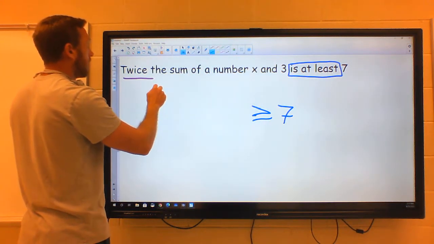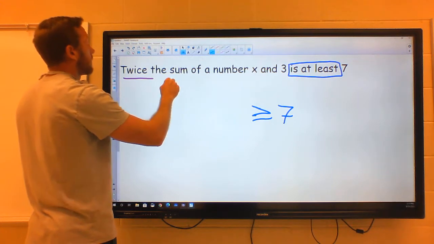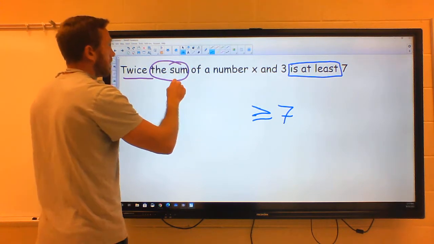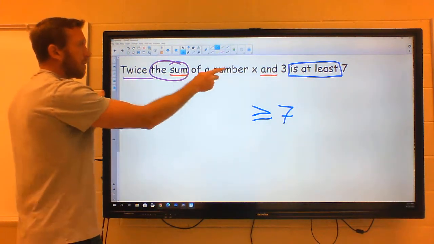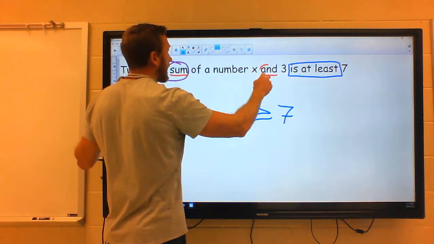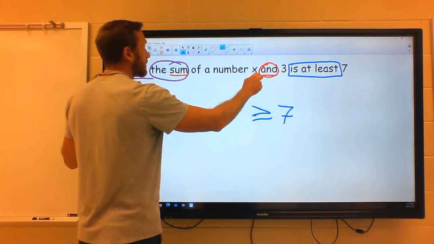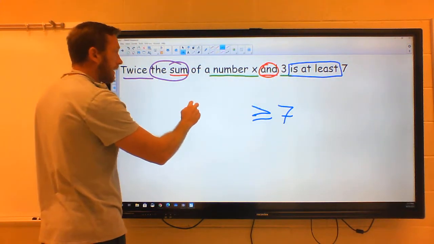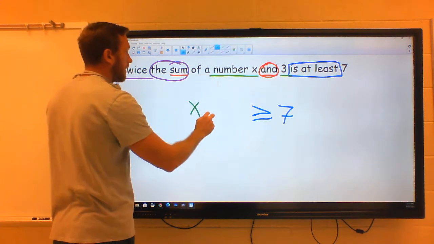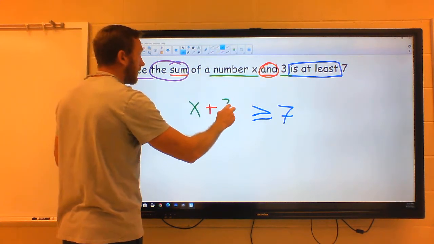Twice. Okay, twice what? Twice the sum. So we are adding two ideas. When it says the sum of something, we're looking for the word and. And separates the two ideas that we are adding up. We're adding up x and 3.